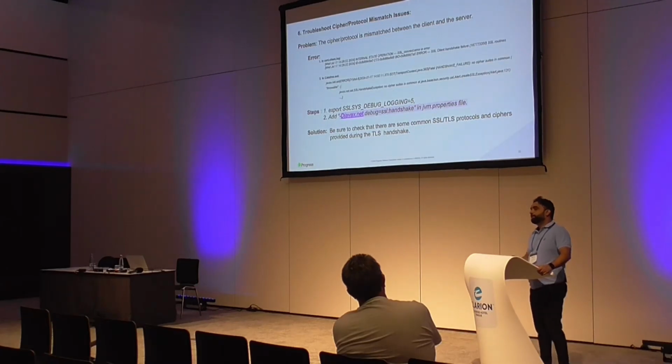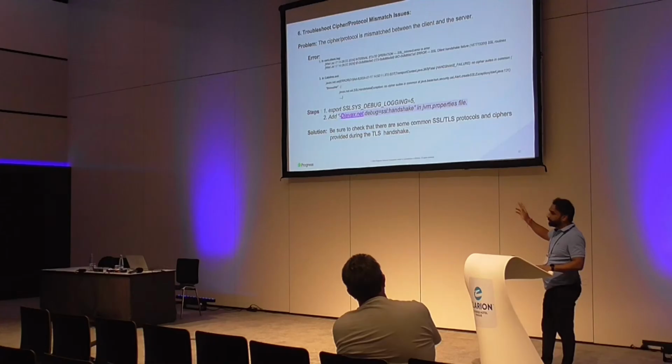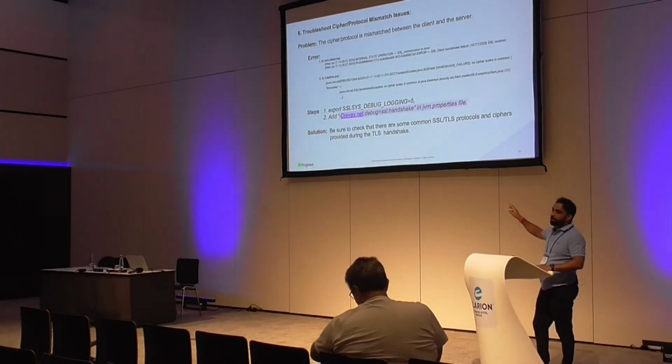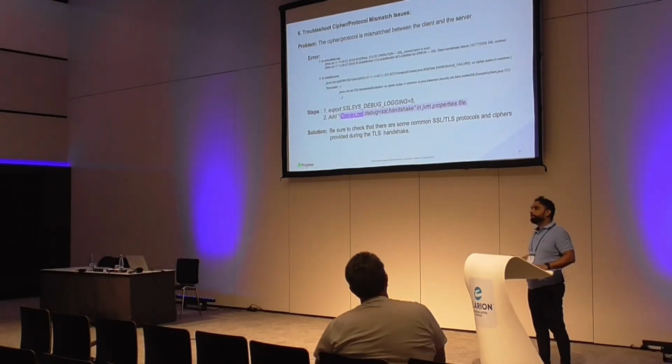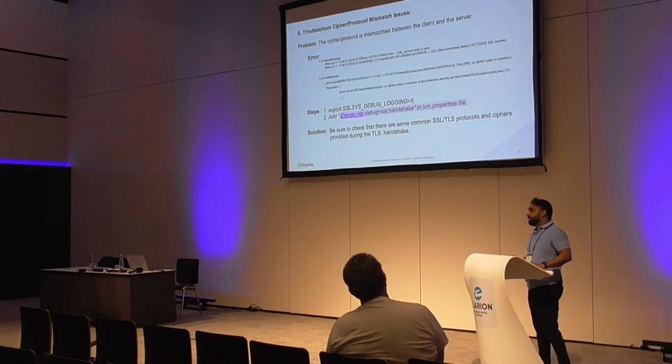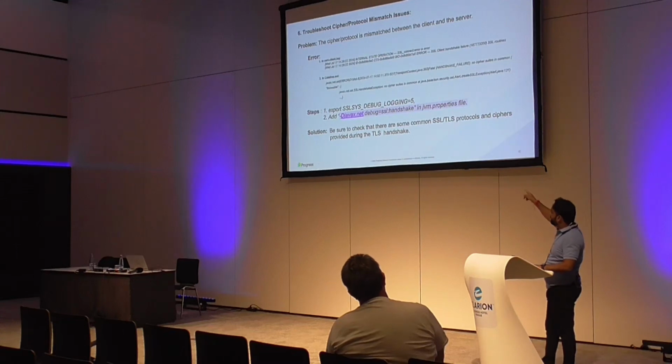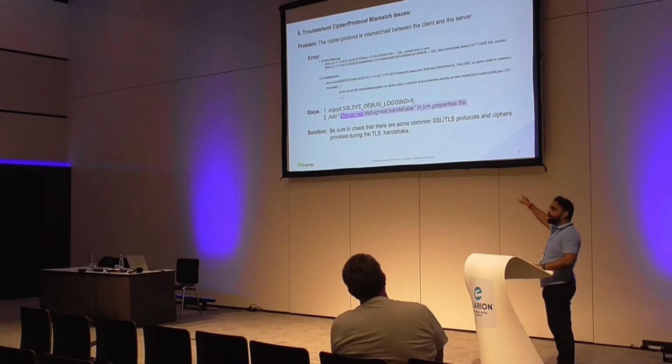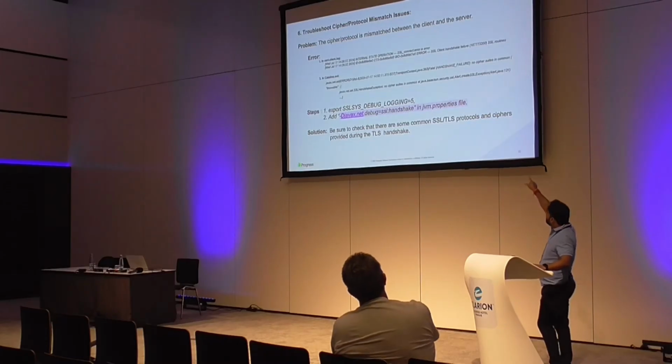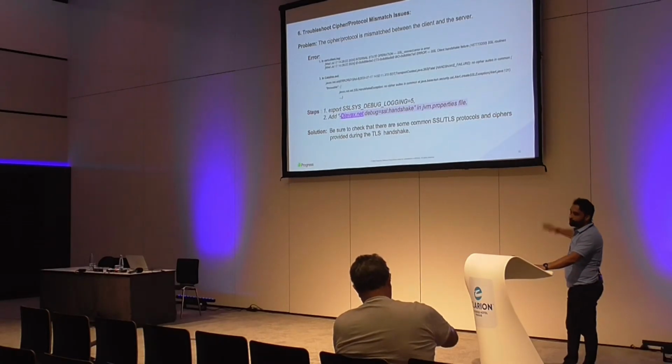So what you need to do is go to the server and enable the server logging. In this use case, an ABL client is trying to connect to the PASOE server. I went to the server and enabled the SSL handshake logging in jvm.properties. Since the underlying TLS vendor is JSSE, I enabled that logging, and it gives you the proper error message, that there are no cipher suites in common.